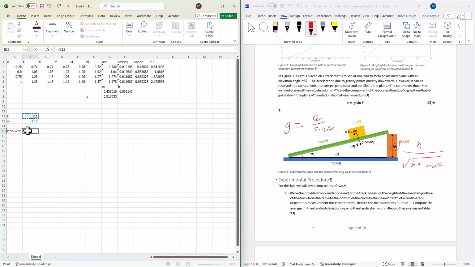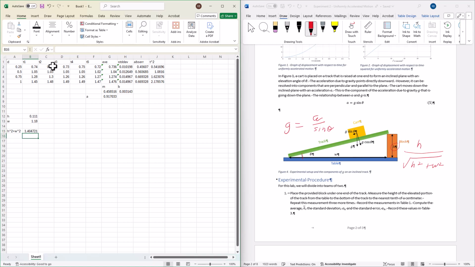h hat 2, okay, that's h squared, plus w hat squared, okay, so that's my hypotenuse squared.